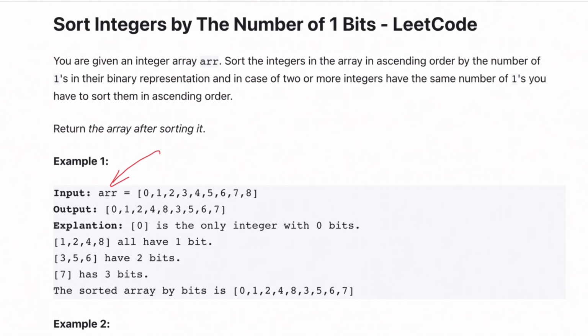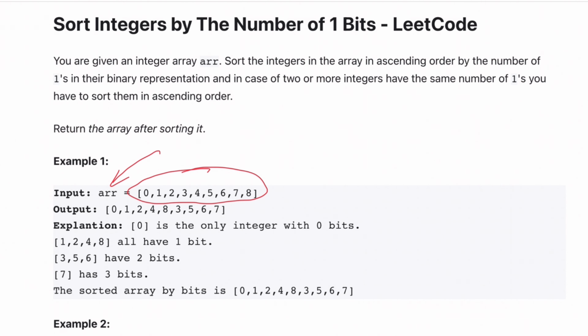Very first, we are given an array of integers, and we have to count how many 1s each number has in its binary representation.